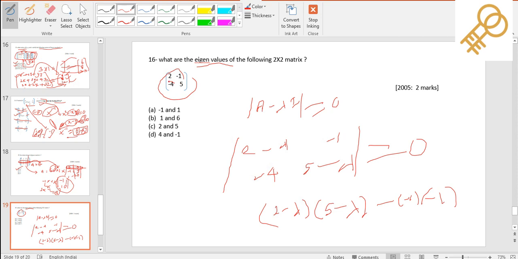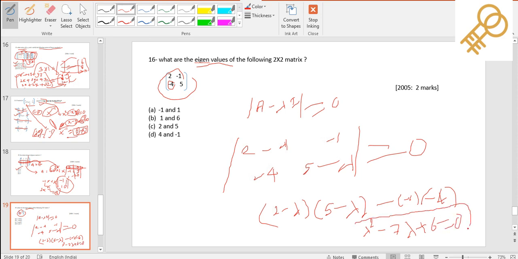Sorry guys, this is 4, right? If you solve this, you'll be getting lambda square minus 7 lambda plus 6 is equal to 0.